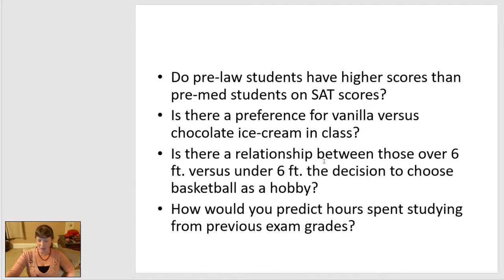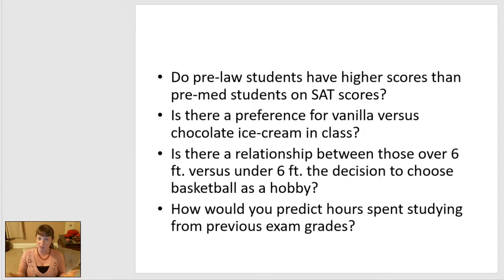Or how about this? Is there a relationship between those over 6 feet versus under 6 feet and the decision to choose basketball as a hobby? Well, I've got a categorical variable. I'm treating height, oddly, in this example, as a category-based variable. I'm looking at over 6 feet people and under 6 feet people. I'm choosing to measure this as a category, as a group-based variable. So I've got one category-based variable at least, over 6 feet, under 6 feet.